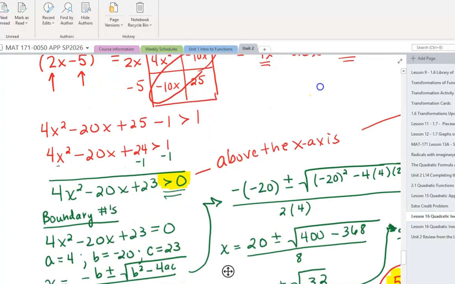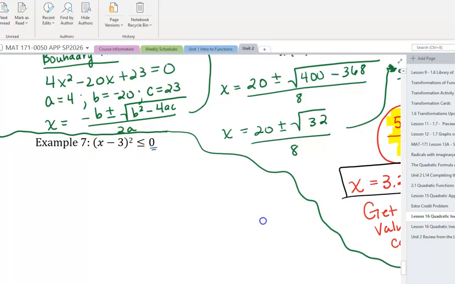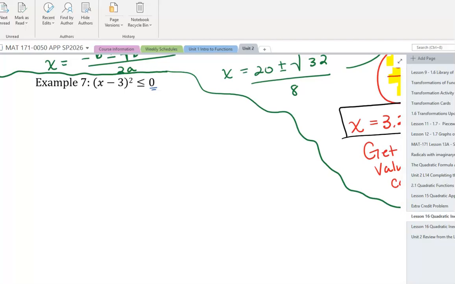But in example 7, 0 is already on one side and there's nothing over here except the square. So for that reason, we don't want to square this because it's already factored, and squaring example 7 would be moving in the wrong direction.